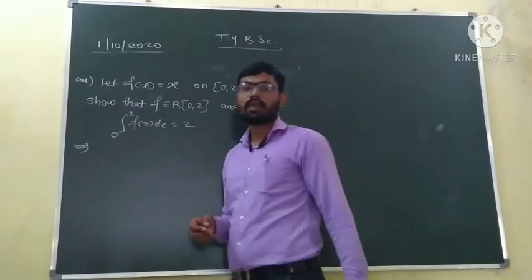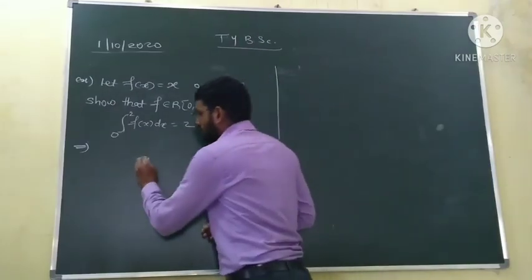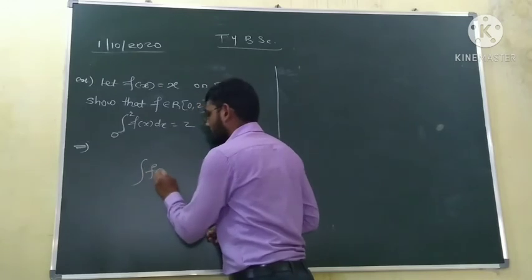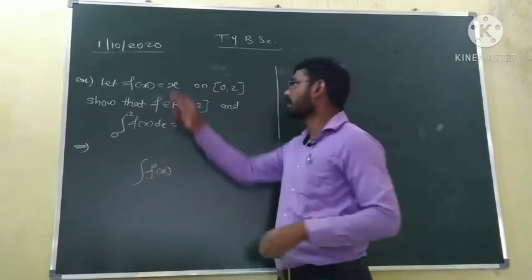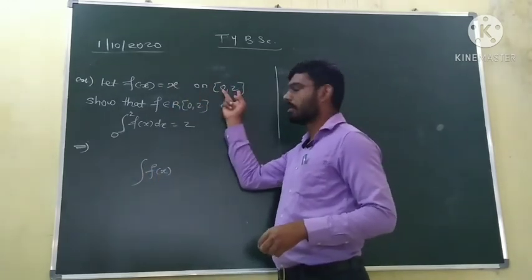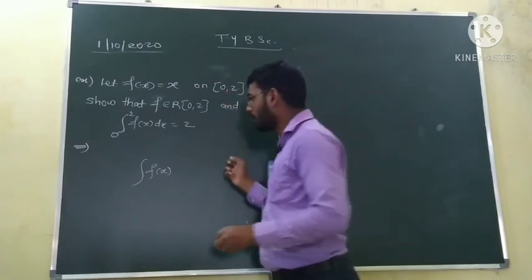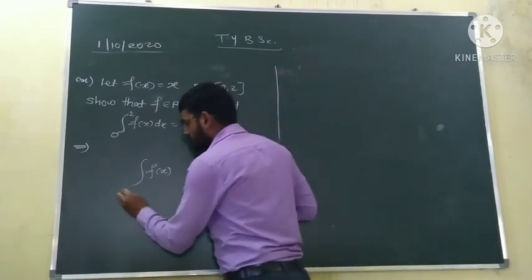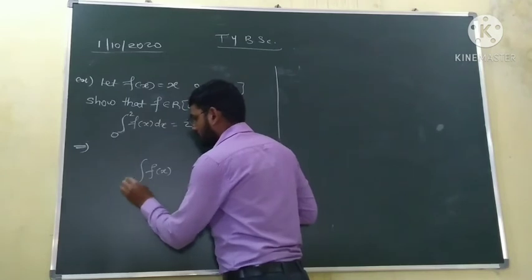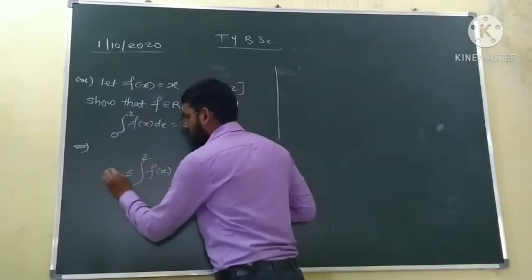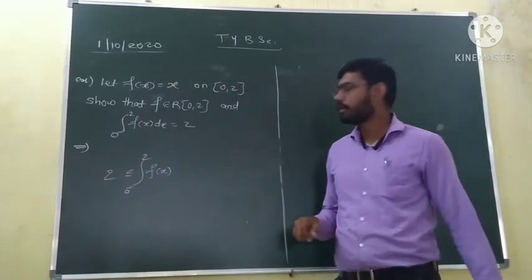So now we know one inequality. We have shown that the lower integral for this function over this interval, and for any partition, is greater than or equal to 2.